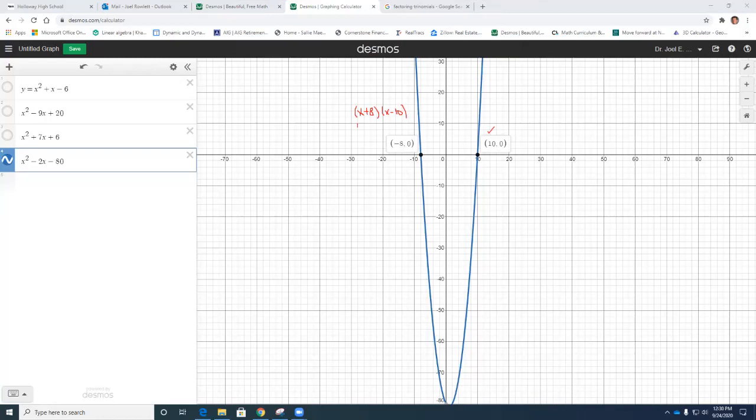So this is the factored form for this polynomial here. And notice that x times x is x squared, which is good. Negative 10x plus 8x is negative 2x, which is good. And then positive 8 times negative 10 is negative 80. So hopefully you now know that when you factor and set the function equal to 0, you can identify the zeros, but also if you know the zeros, you might be able to figure out what the original equation looked like as well.